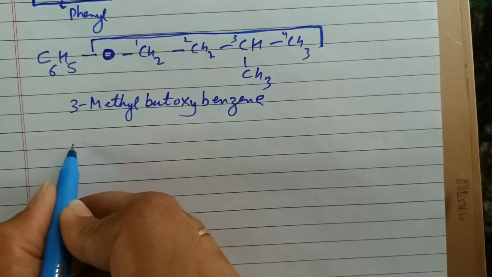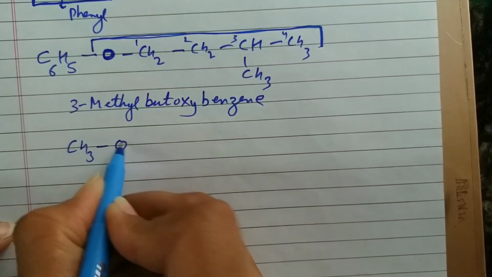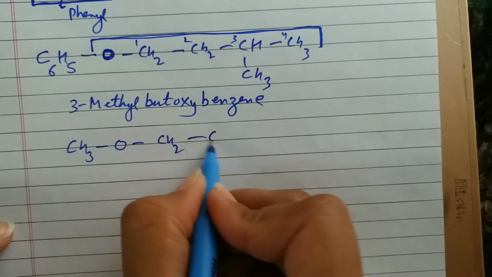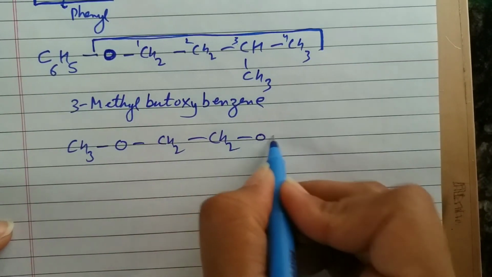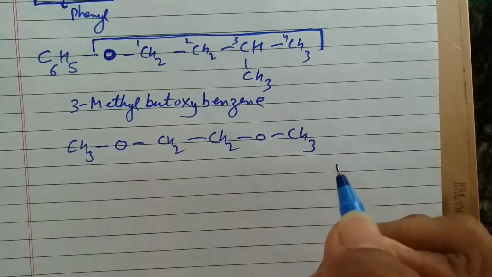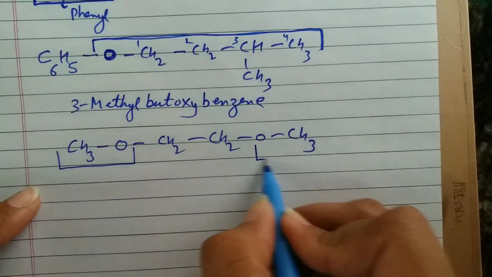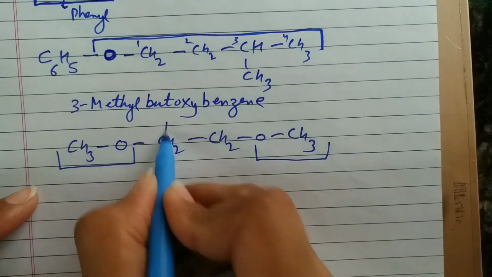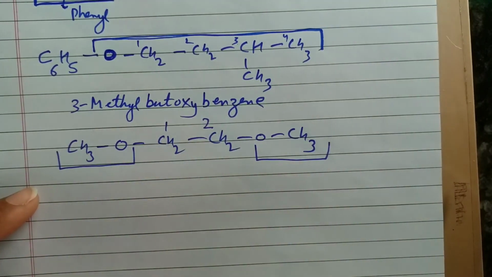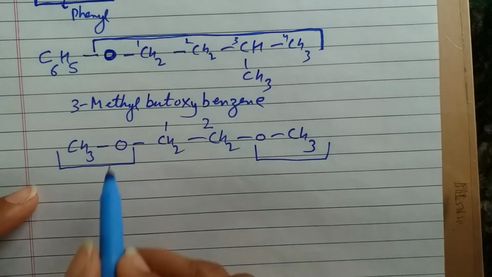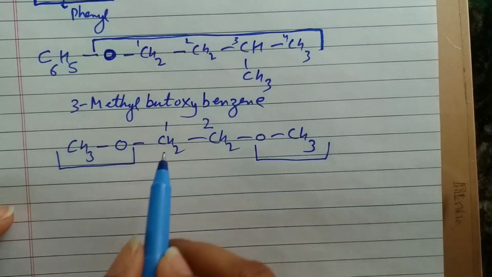One more example we'll take here, and that's CH3O CH2 CH2 OCH3. Now there are 2 ether groups here, okay, and this contains 1 carbon, even this contains 1 carbon, and this in the center is our parent chain containing 2 carbon atoms, right? So there are 2 methoxy groups and they're attached to which positions?